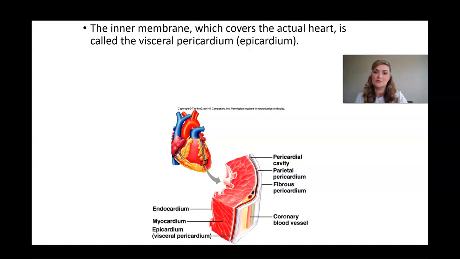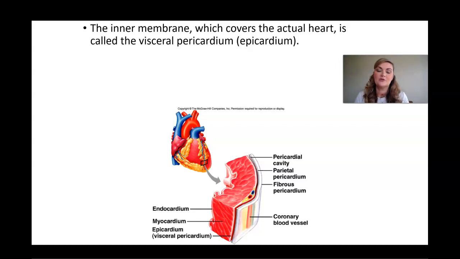Looking at this picture, you can see the actual heart muscle that's going to be there. That's the myocardium. The endocardium is going to be a smooth, slick-like structure, which is the inner portion of the heart. The outer section of the heart is going to be referred to as the epicardium, and that's where the visceral pericardium is attached.